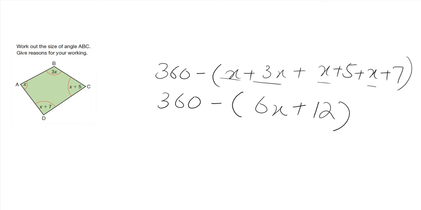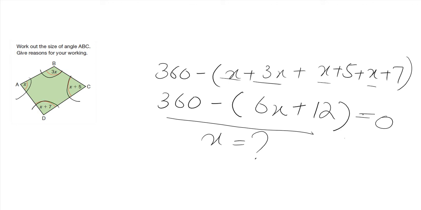All right. So this will be equal to 0. You have to move some of the values to the other side of the equal sign and take out the value of x in the procedure. And when you get the value of x, you just need to write it over here, times it with 3, add in 5, add in 7, you will get all the ABC angles.